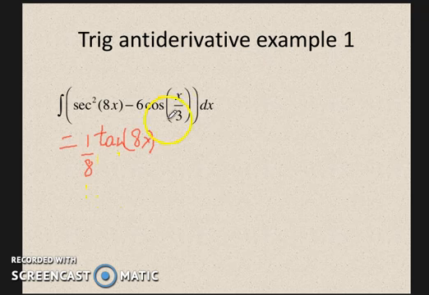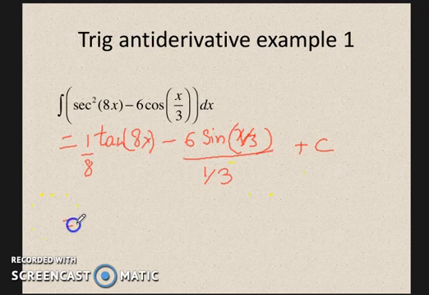So 1 over 8 tangent 8x minus 6 times the antiderivative of cosine ax, which is sine ax, so sine of x over 3, and then divide by a, which in this case is 1 over 3, plus c.